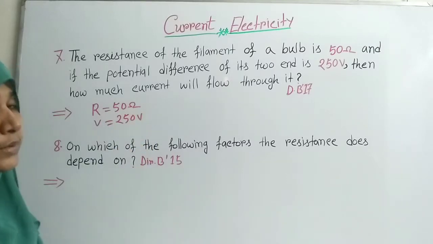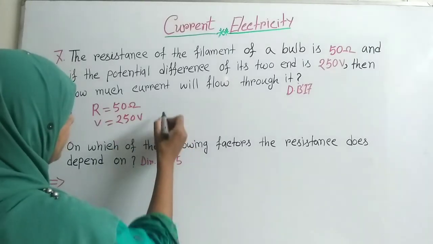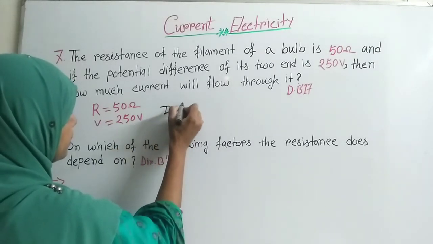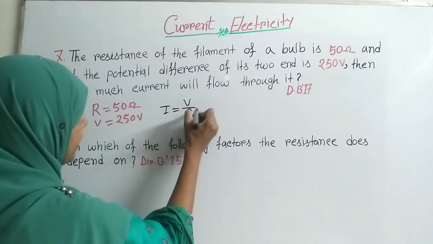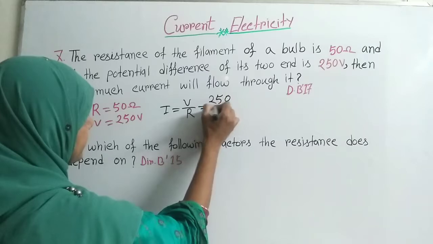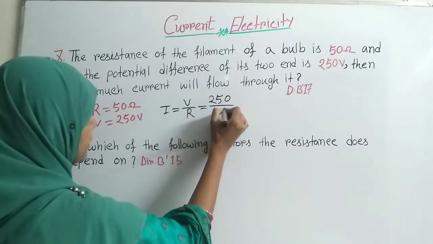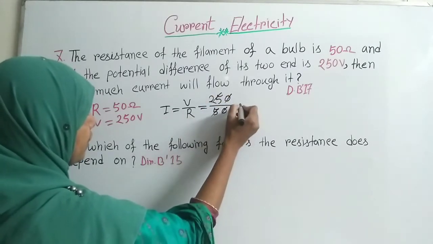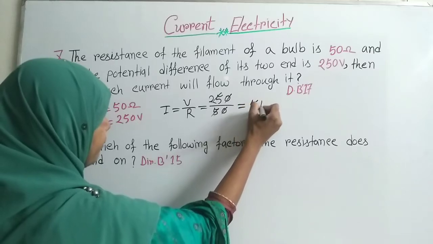So students, from Ohm's law we know that I is equal to V by R. The value of V is 250 and R is 50. So the value of I is 5 ampere.